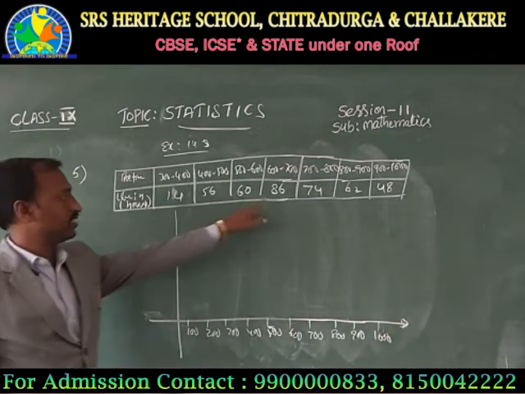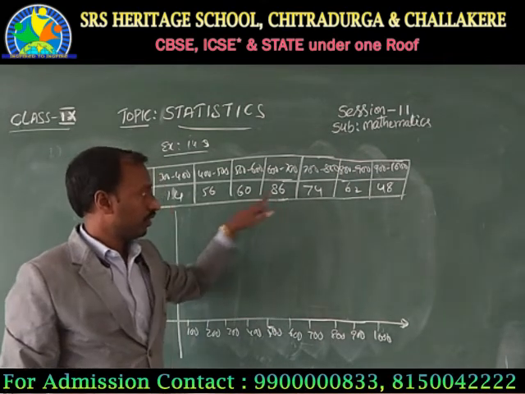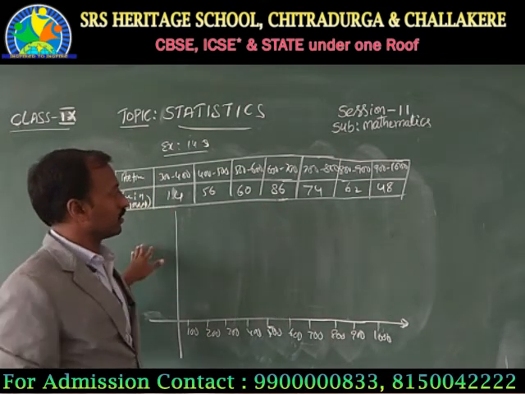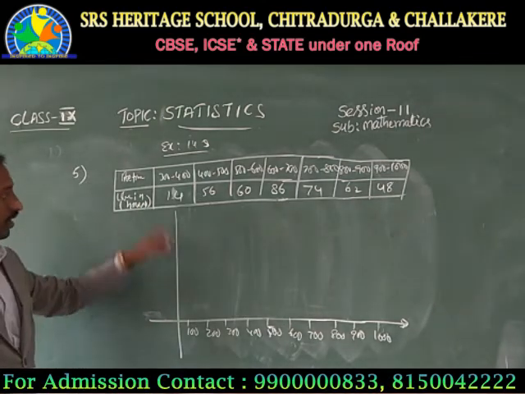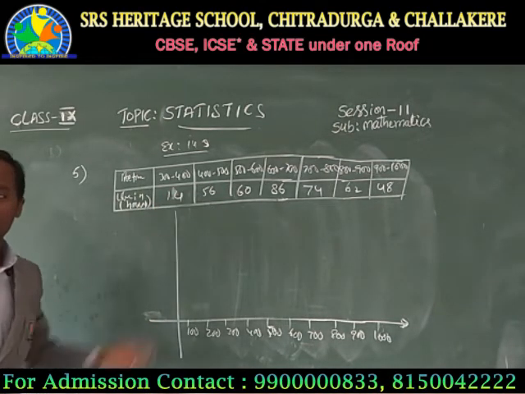On the y-axis the maximum value is 86. If I take each one as 10, I need 8 boxes minimum.